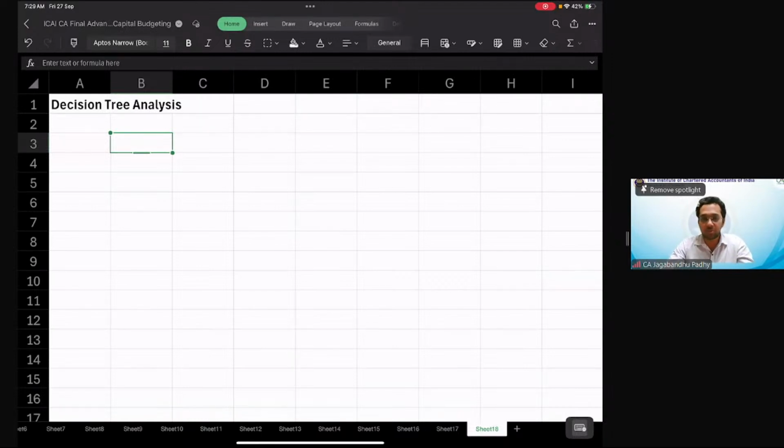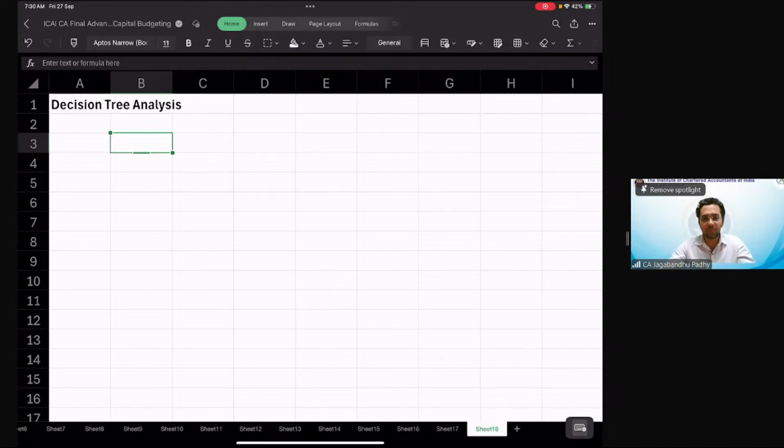Okay. So decision tree analysis. When you take any decision, it will have implications, obviously, right? Now, the implications may be very certain or may not be very certain. So it's possible that if you do a certain activity now, going ahead in future, you may end up with 2 different situations. And then in the second situation, you are going to decide whether I should take it forward or not, right?